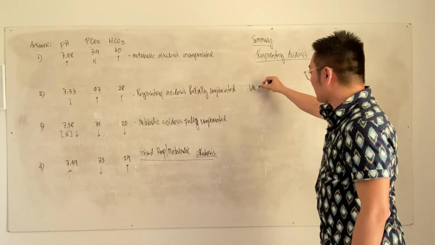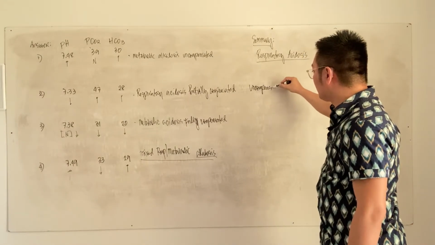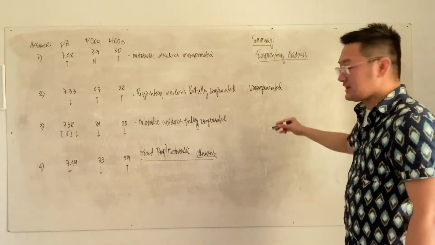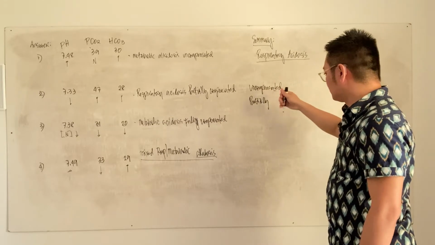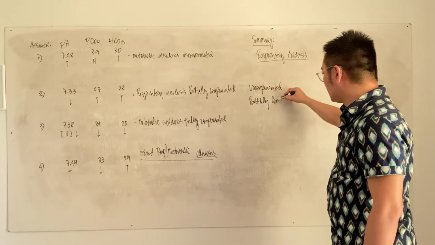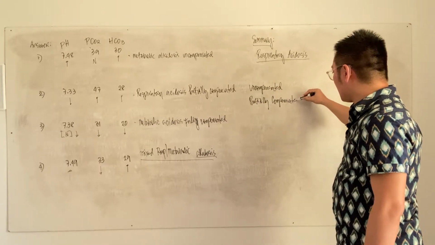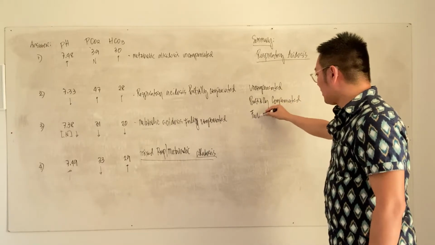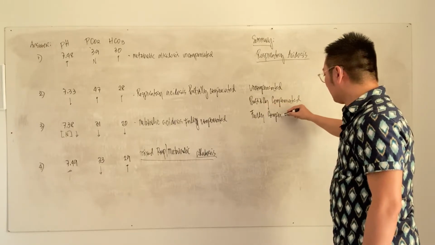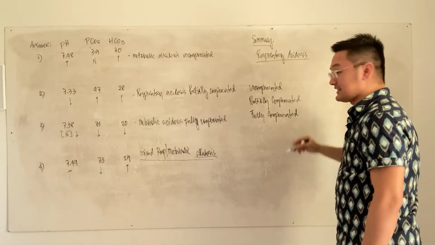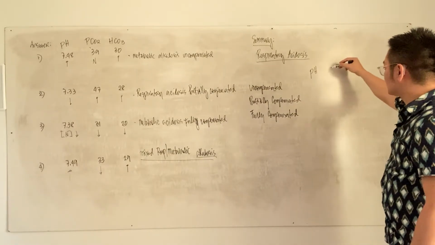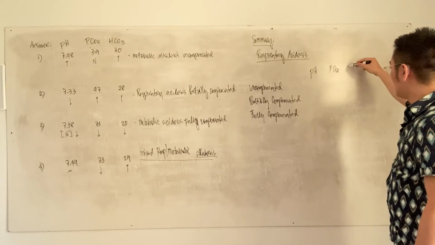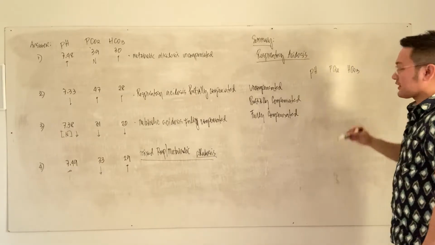So you have here your uncompensated, your partially compensated, and your fully compensated. Okay, so you have here your pH, your PCO2, and your bicarb.